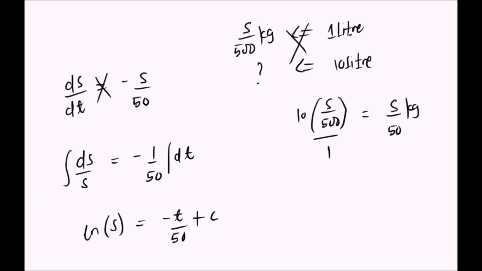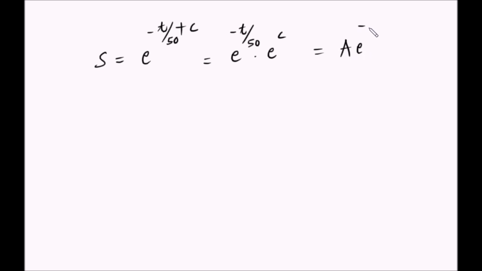Kwa hiyo rules of exponent na logarithm, S itakuwa ni e power negative t over 50 plus c, ambayo ni e power negative t over 50 times e power c. E power c tuseme ni A, kwa hiyo ni A hivi. So we know for t is 0 salt ni 1 kilogram.